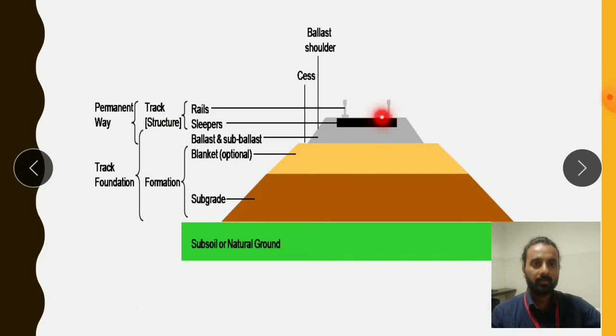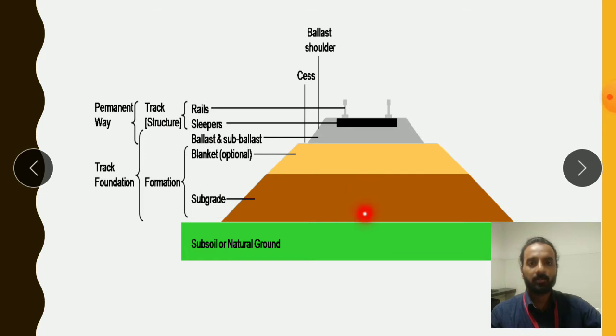Here you can see this image. First of all, this is a pathway, or you can say a carriageway, and underneath that we have a ballast shoulder. Underneath that we have a subbase layer. These are the subbase layers, and this is also known as rails. And again, under the subbase layer we have a track foundation, which is a subgrade layer.